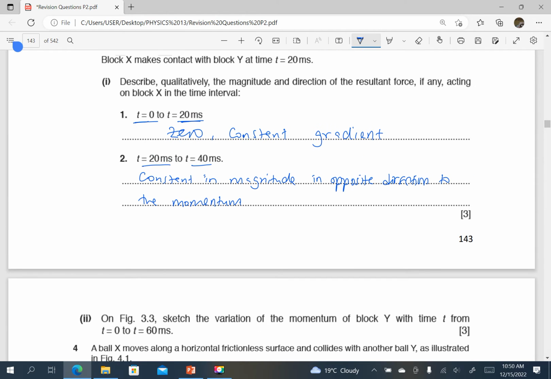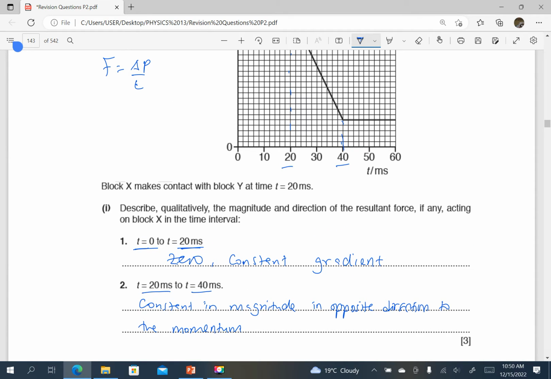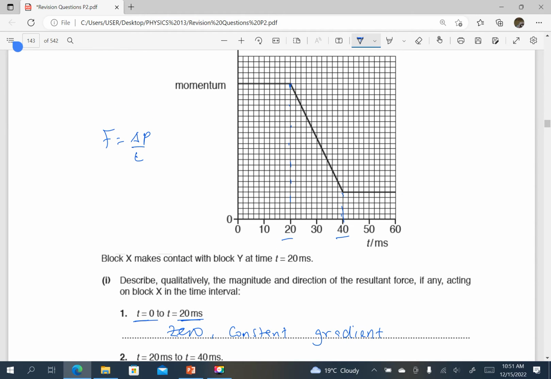Okay, so we have said that the force here is constant in magnitude, but is in opposite direction to the momentum, simply because the gradient is negative. You can see the gradient is negative and force is the rate of change of momentum. And if the gradient is negative, it means the force is in the opposite direction to the momentum.